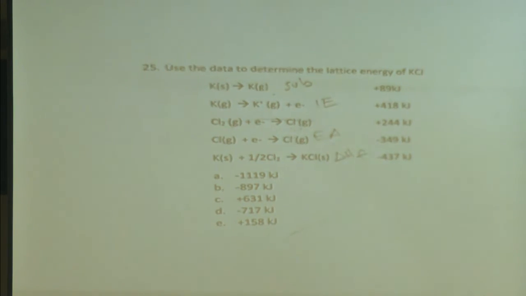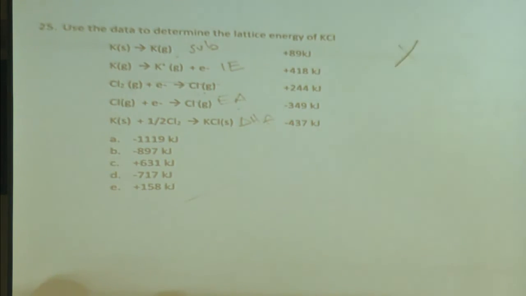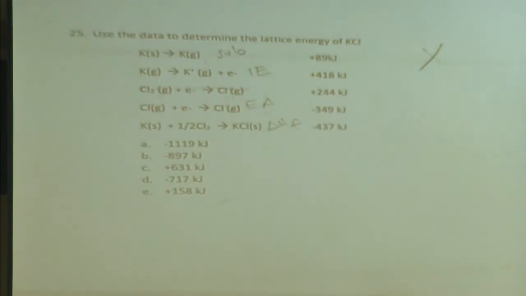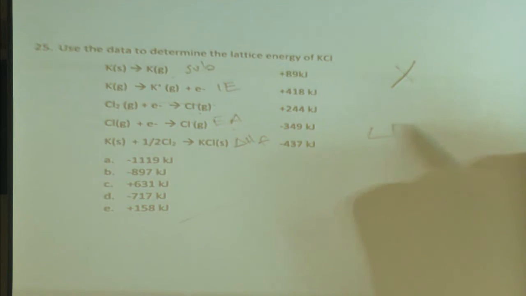So I don't even think you can determine lattice energy. Yeah, this is wrong. Don't try this. If you want practice with this, go to chapter 9. They do sodium chloride in the book, and you can just follow it along, and that's pretty good. For 25? Oh, I don't know. I didn't do the answer for this. I'm pretty sure it's messed up, so I said just avoid it. If you want lattice energy practice, go in the book.